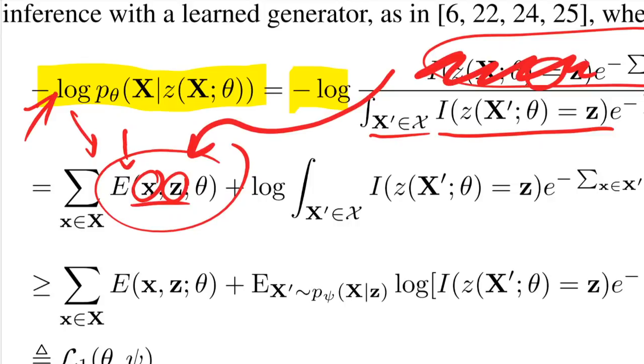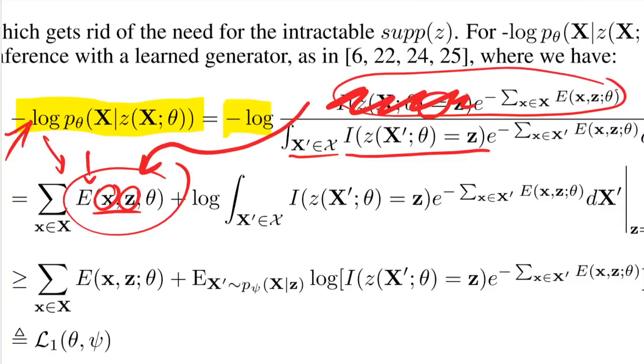Now, if it comes from the generator, of course, you want to do the exact opposite. You want to assign it a high value. Remember, energy low means happy with the input. And then the normalization down here is, as I said, the problem. So you'll see it stated right here because it's under the division.